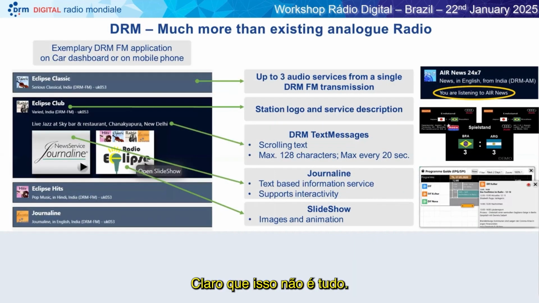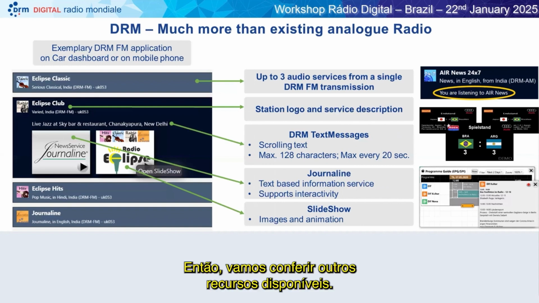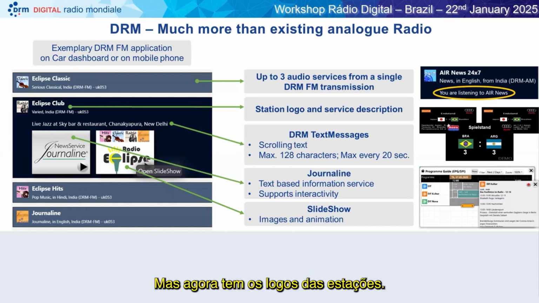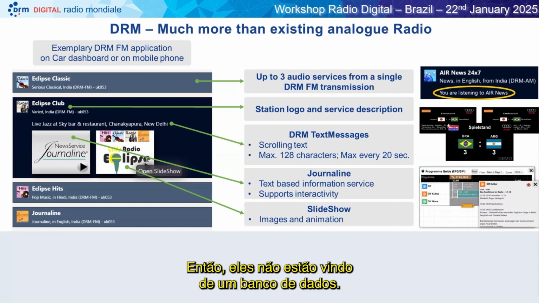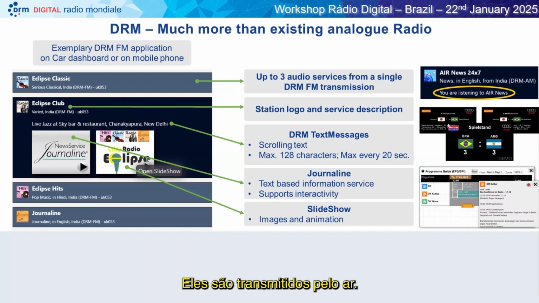Now, that's of course not all. So we can have a look at other available features than audio. Well, you've got your station names, of course, you know them from RDS as well. But here now you've also got station logos. They are not coming from a database, they're really transmitted over the air.